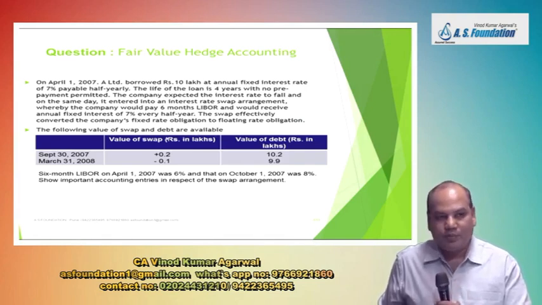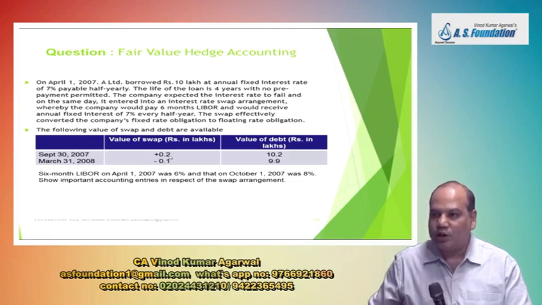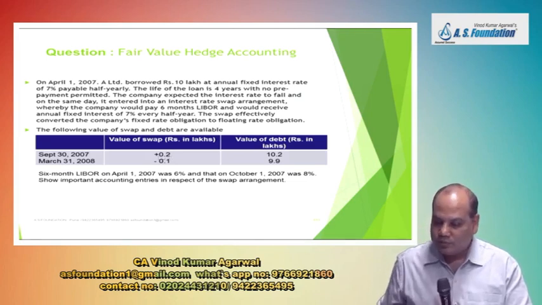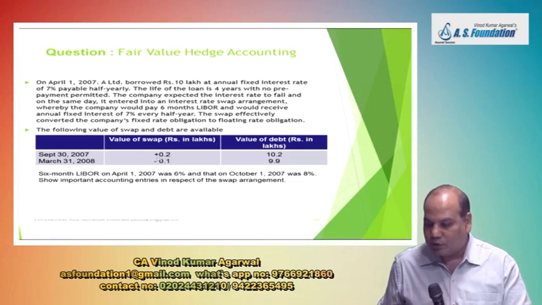Following values of swap and debt are available. Now this time they have given you the valuation of swap and valuation of debt. So in this subject they will give you the value, don't worry. Whatever is required they will give you, but what you can calculate, you have to do. So what happened to the fair value of this swap?